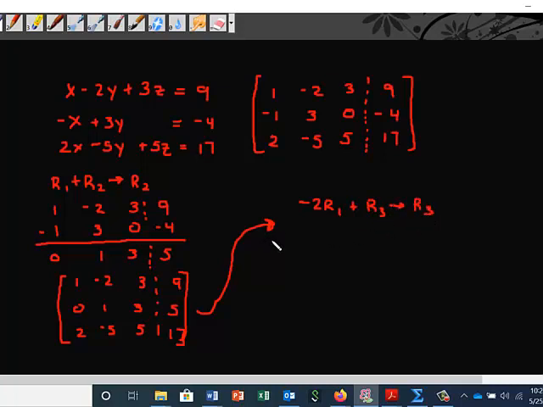So we'll say negative 2, this will be 1, -2, 3, and this will be 5. So this will be -2, +4, -6, and then we have -18.